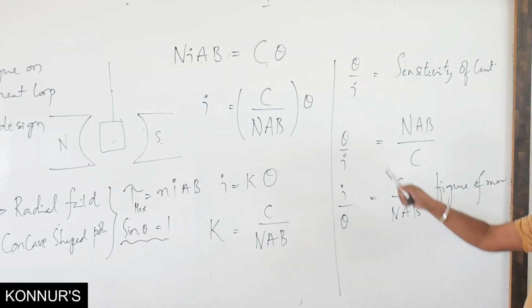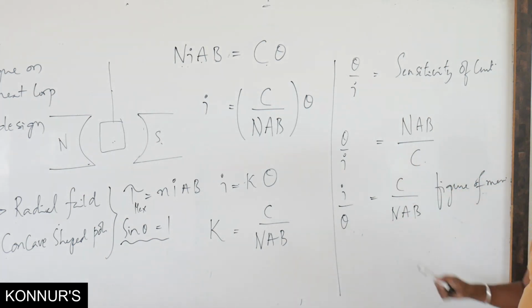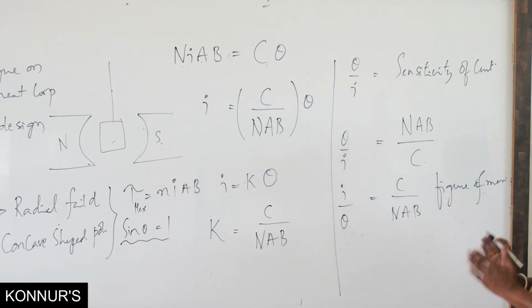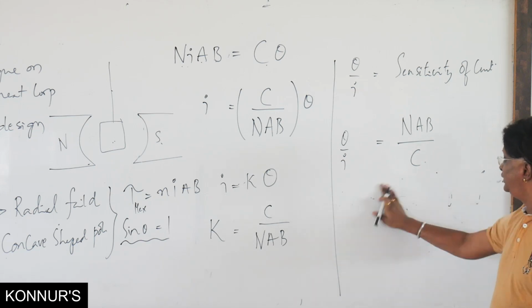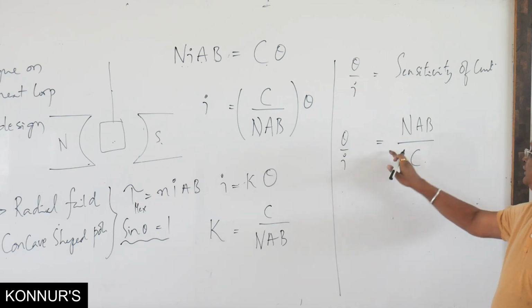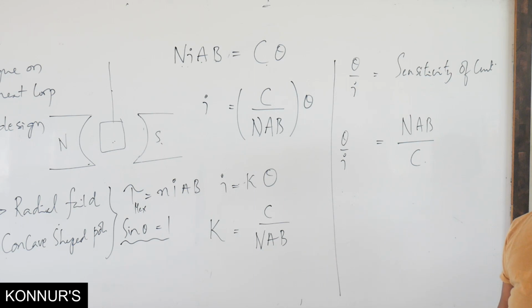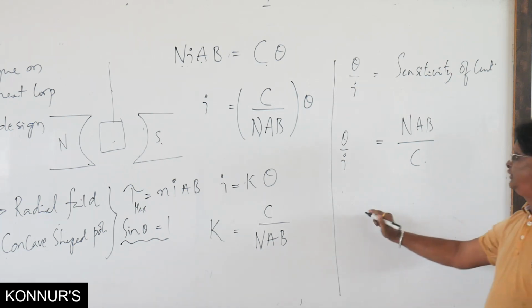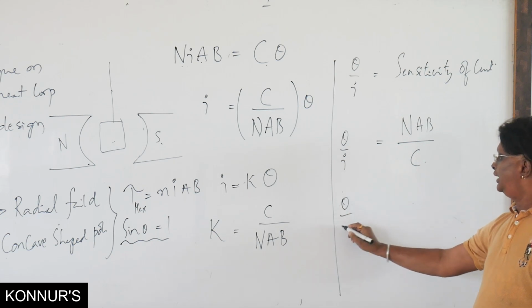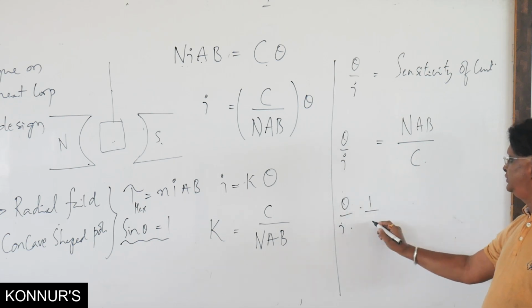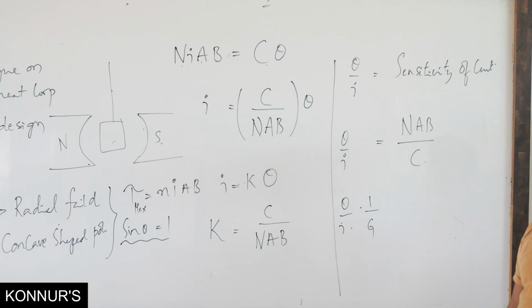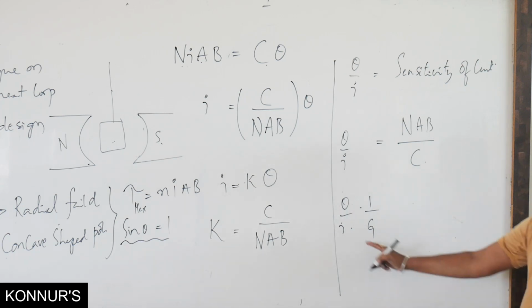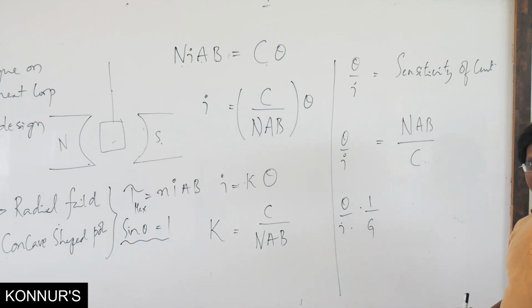Now see how to increase the sensitivity of the device, how to increase the range of the device is the essential thing. Now in the same thing, suppose theta by I is current sensitivity. Sometimes you are asked for the voltage sensitivity, the sensitivity of voltage. Then what is that? Theta by I times 1 by G. If G is the internal resistance of that device, this I into G will give you the voltage.